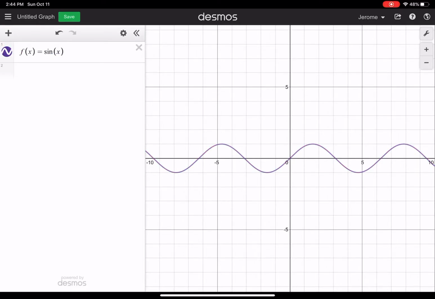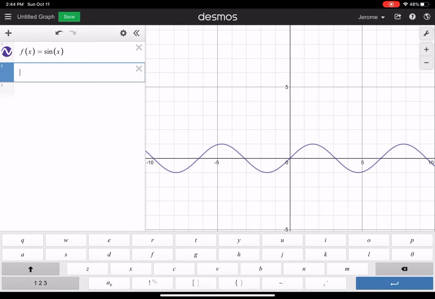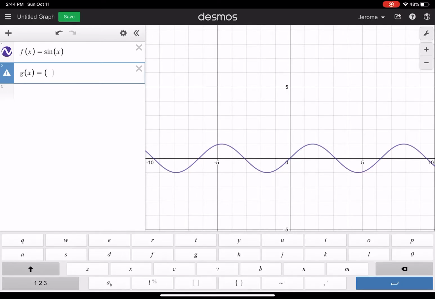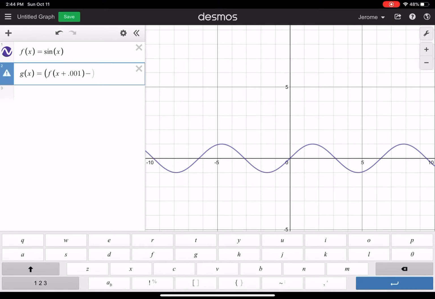Then let's come down here to number 2, and let's fake a derivative by taking g of x being equal to, let's put parentheses around the whole numerator, f of x plus h, and our h value is going to be real small, like 0.001, minus f of x.